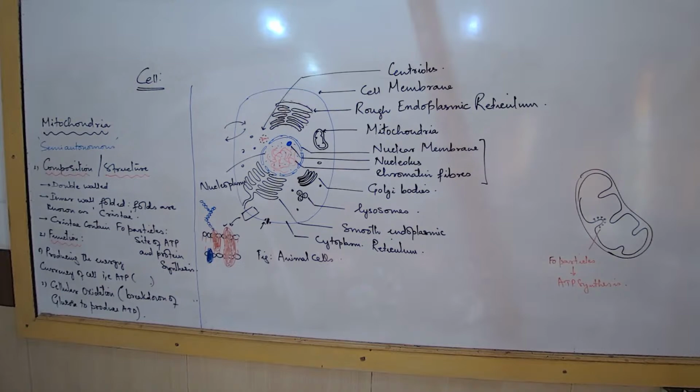There will be another organelle when we study plant cells, the plastids. Plastids also are semi-autonomous. But now we are talking about the mitochondria. Now write one question. Why is mitochondria known as a semi-autonomous organelle?